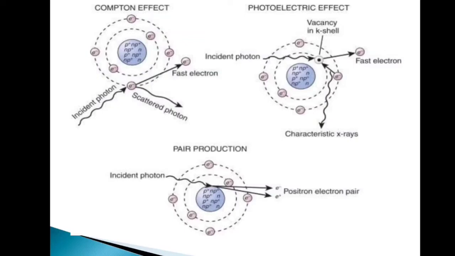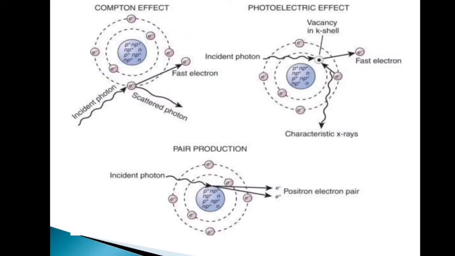Compton scattering is an example of inelastic scattering, in which the scattered radiation has a longer wavelength than the wavelength of the incident radiation. The incident photon hits, the scattered photon comes out, and the recoil electron also comes out here, but the scattered photon has a longer wavelength.